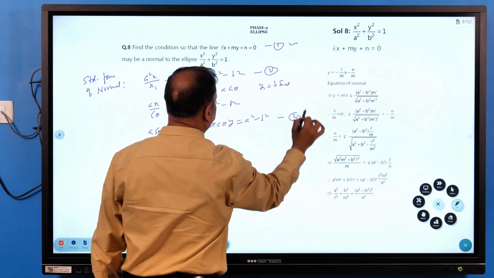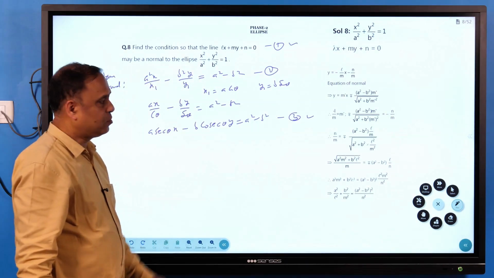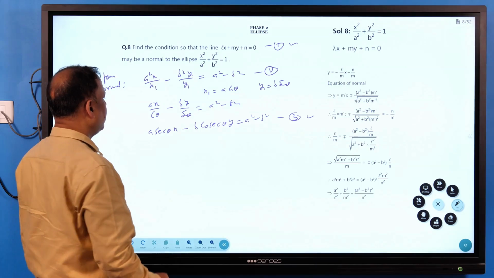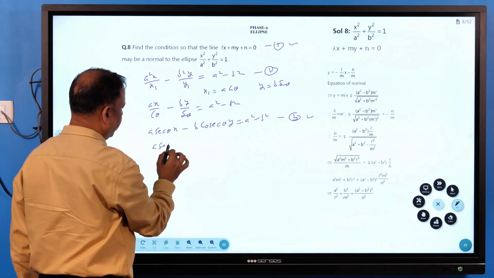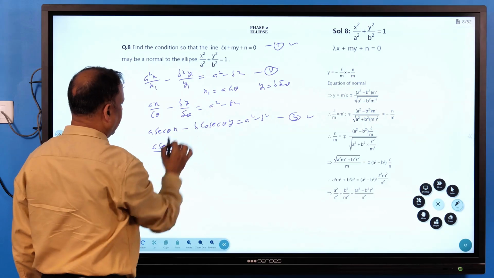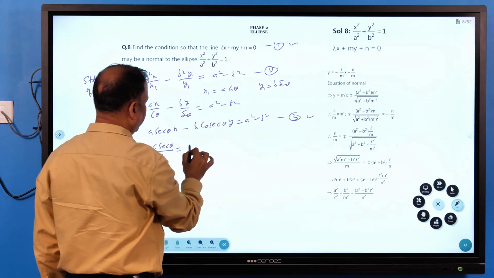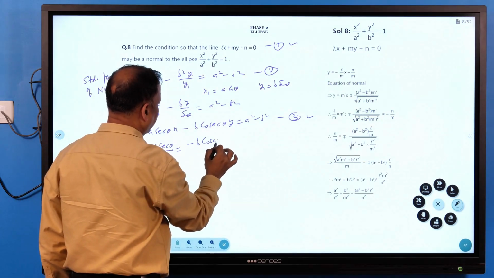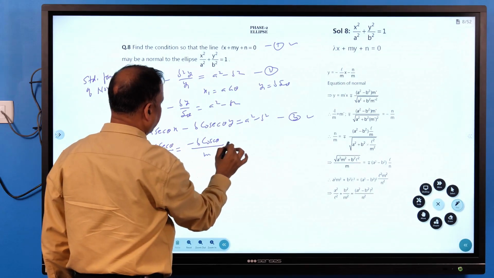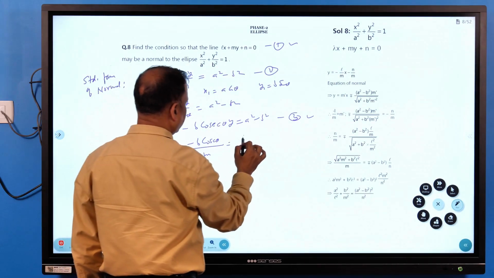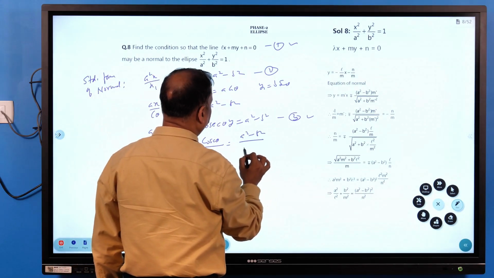So 1 and 3 represent the same line. Both are the normal. So comparing the coefficients, from here we will get l upon a sec theta upon n is equal to minus b cosec theta upon m is equal to a square minus b square upon minus n.